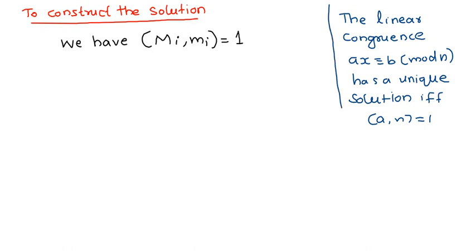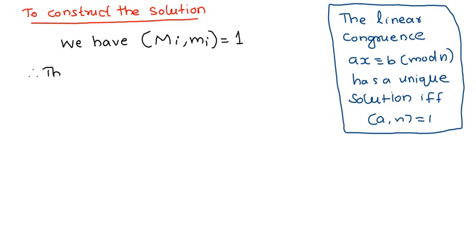We already discussed this theorem. Here, GCD of Mi and mi is equal to 1. Then using this theorem, we can write the congruence.